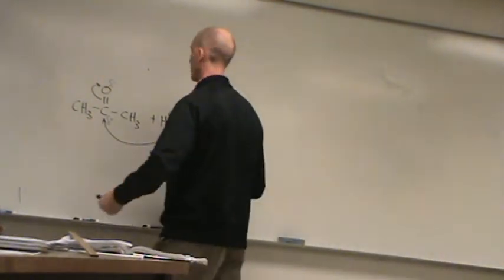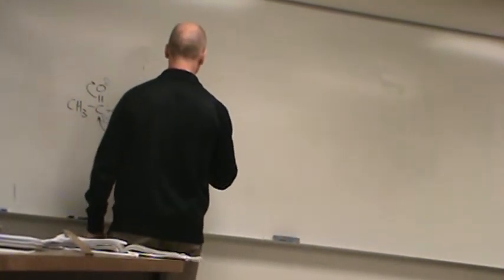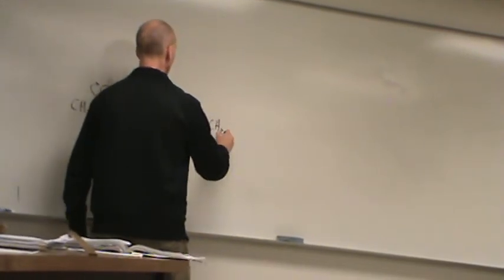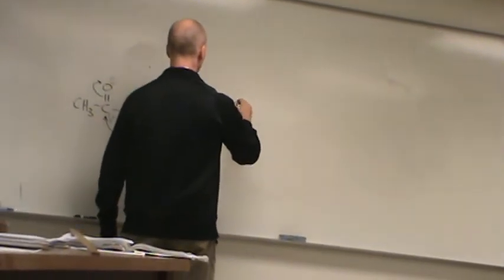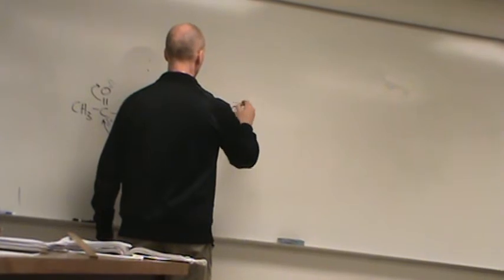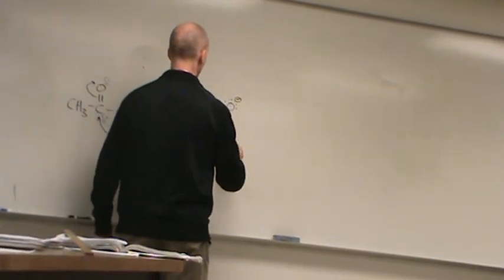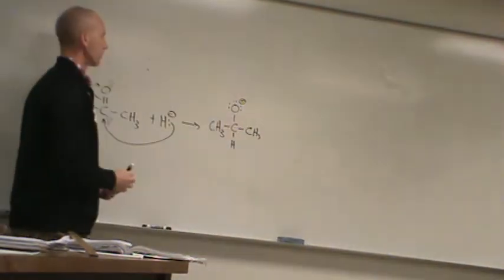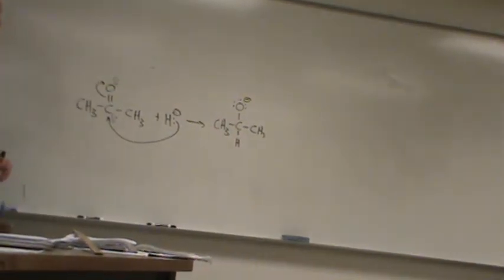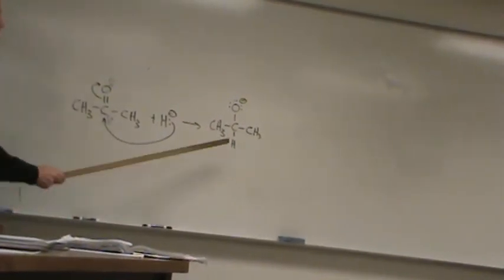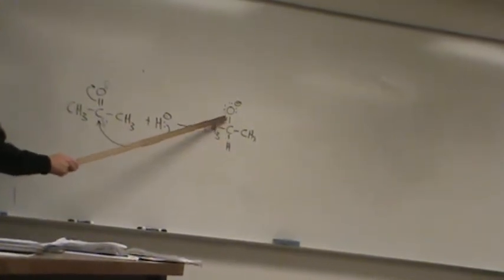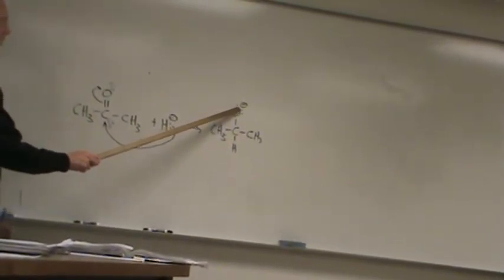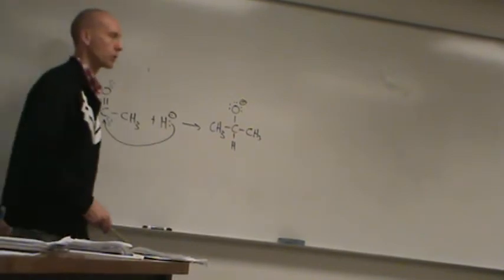So let's draw the result of that. Here the hydrogen is added on, and those pi electrons have come up here as a lone pair.